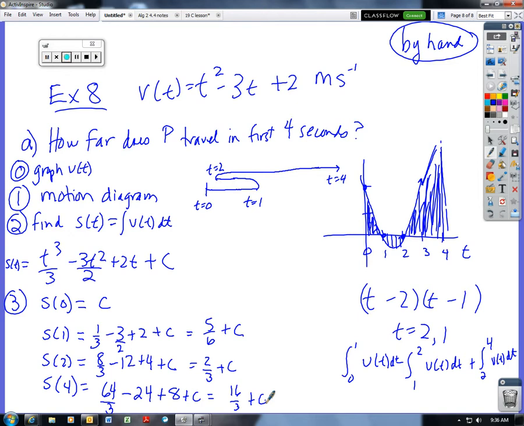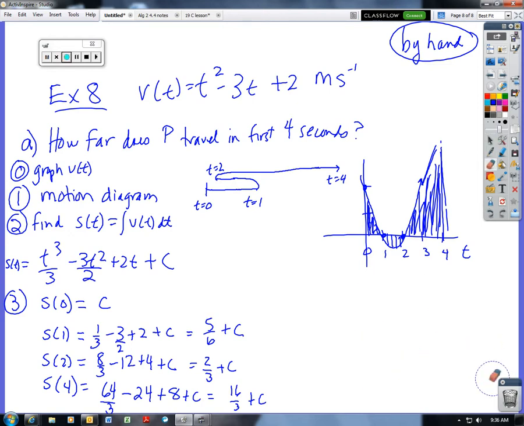All right, now we have to find the total distance. So I'm going to erase this part here because we don't need that anymore. And so I'm going from 0 to 1. So I need to do s of 1 minus s of 0. So 5/6 plus c minus c.